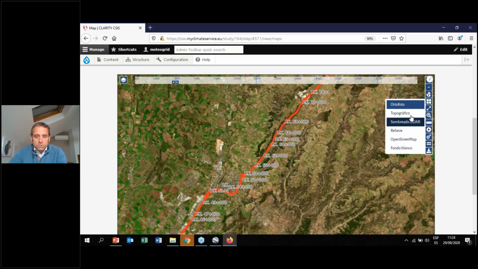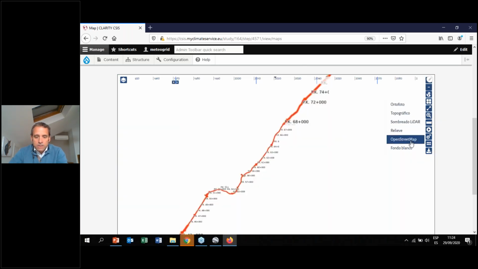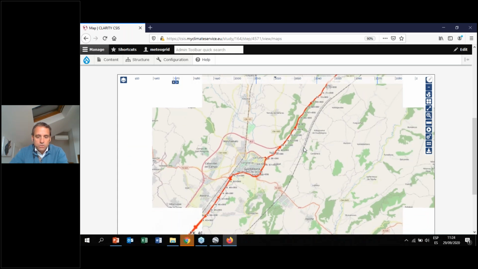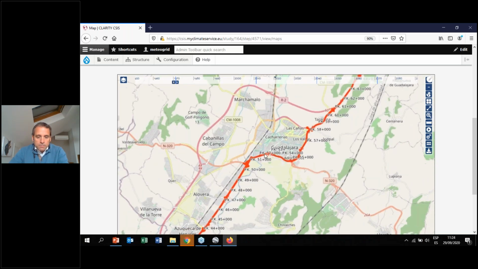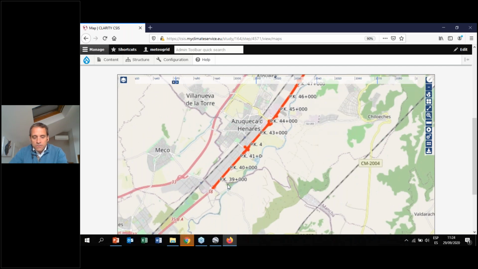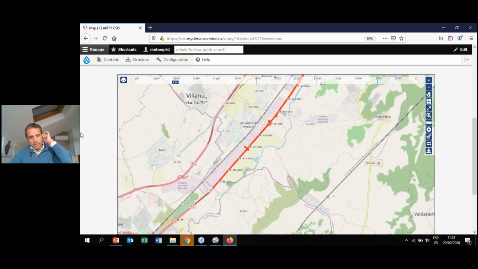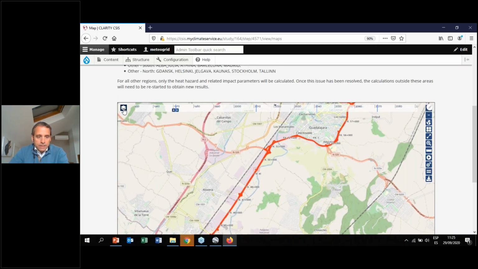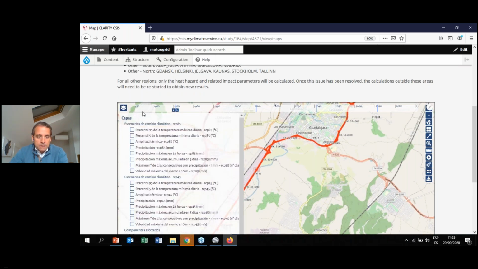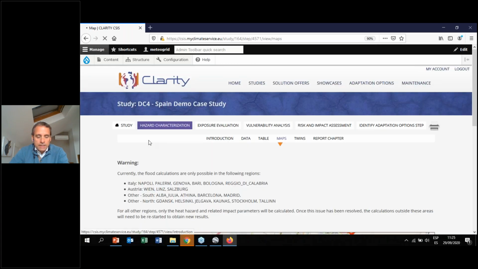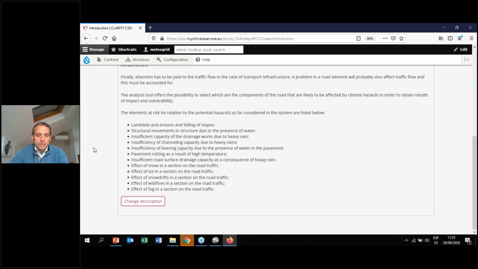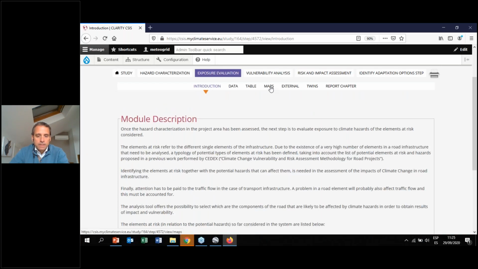I'm going to choose another map because it's better to understand. So this is again the track, and the system allows us to identify each possible exposure point, and how to add a new exposure point in our track, for example.